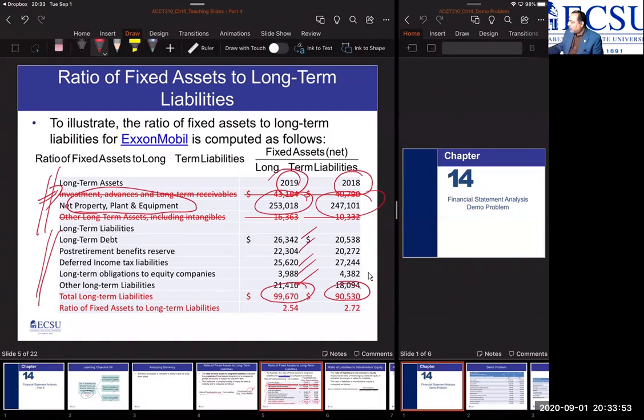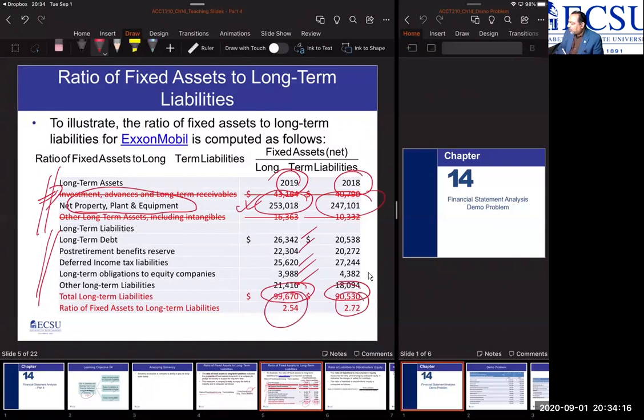So the long-term liabilities are slightly more than 2018. Similarly, the property, plant, and equipment, the long-term assets, are also a little more than 2018. You can see, however, the ratio is 2.72 and 2.54.